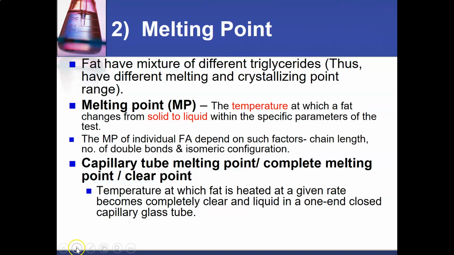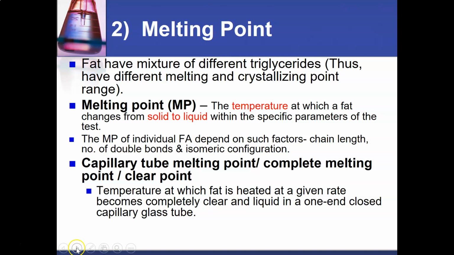Number 2 is melting point. We know already that in fat there is a mixture of different triglycerides. Because of this mixture of triglycerides, fat normally has a melting and crystallizing point range. It's not one value, but a range of values, because it's a mix of different triglycerides.